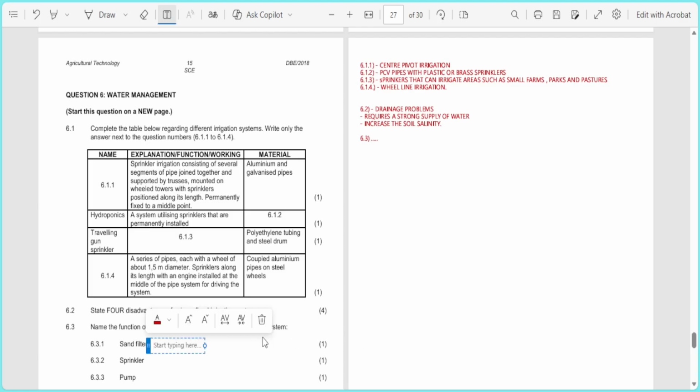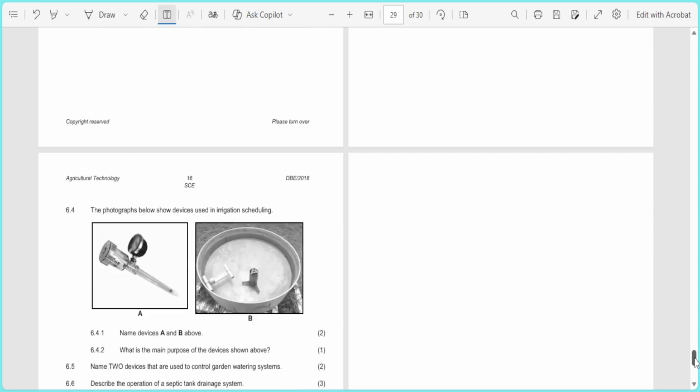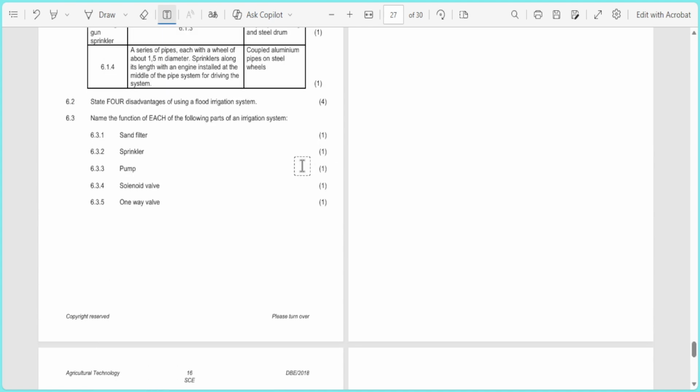We have a scent filter, a sprinkler, a pump, a solenoid valve, and a one-way valve. Do we have anything else? Nope, it's only these 5. So we want to provide functions for each.